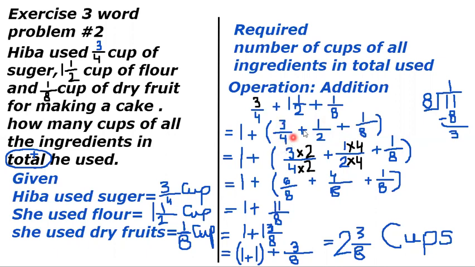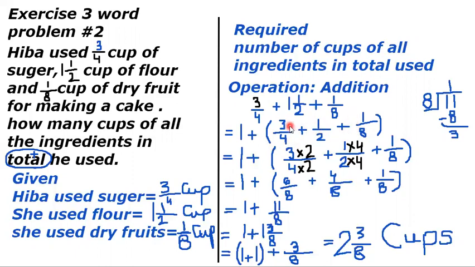These are unlike fractions. Why are they unlike? Because their denominators are different. Before adding any fraction, you have to check their denominators. The denominators are different, so these three fractions are unlike fractions.